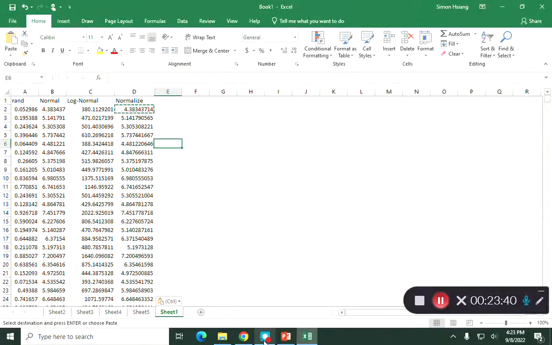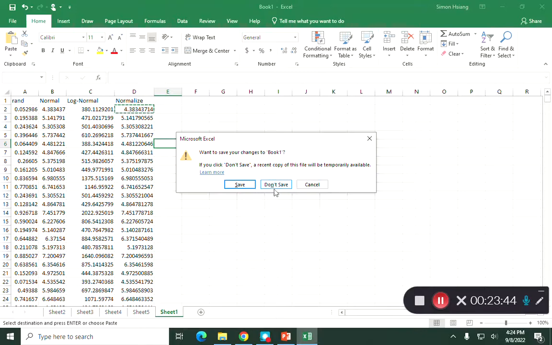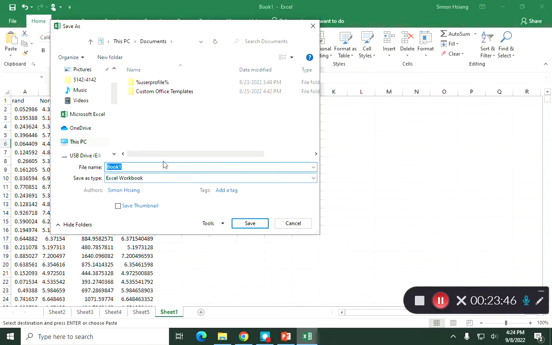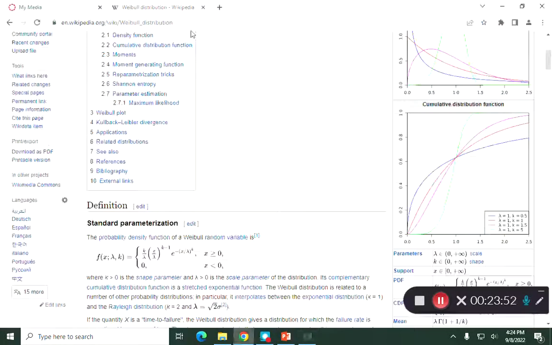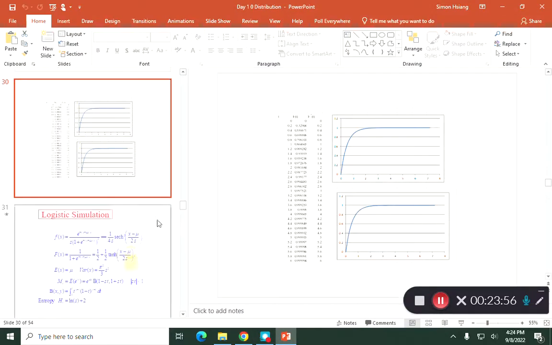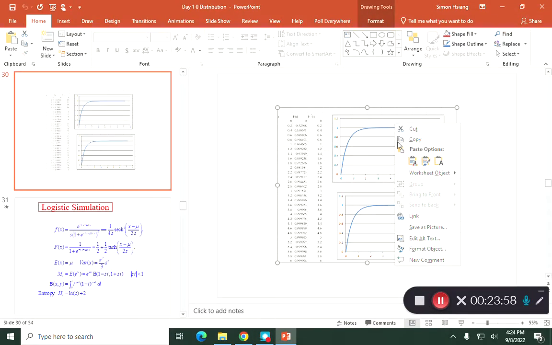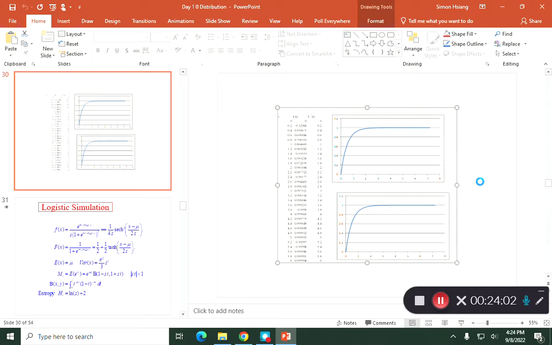And I think here is the example I would like to show you. I'll save as log normal. And for the shape distribution, here is the way I do it, okay?